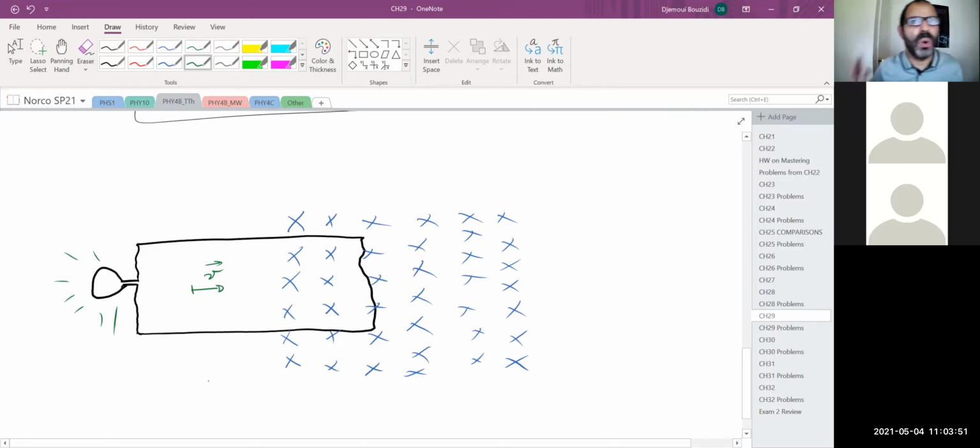If it's fully immersed, no, there will be nothing, as long as you're moving with constant speed, okay? So v is assumed to be constant. If it's not immersed at all, there will be no light either. Move it this way, there will be light. Move it that way, there will be light, as long as it's partially immersed.